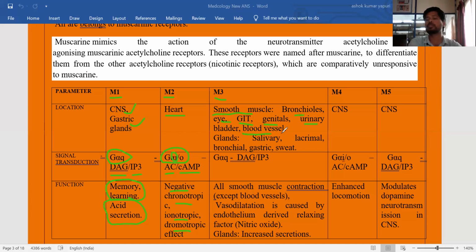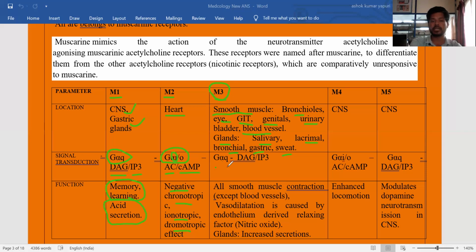On all these smooth muscles, there is parasympathetic innervation through M3 receptors. And on glands like salivary glands, lacrimal glands, bronchial secretions, gastric glands, and sweat glands, there is also innervation of the parasympathetic nervous system with the help of muscarinic type 3 receptors.